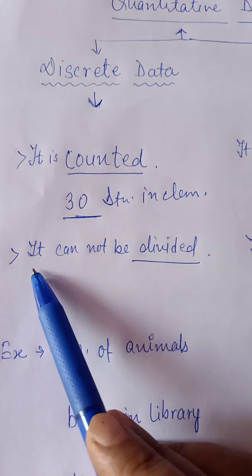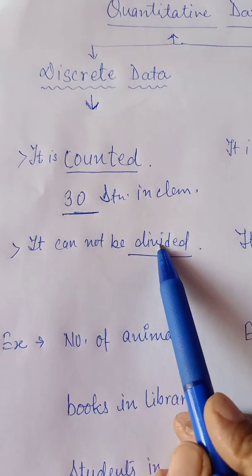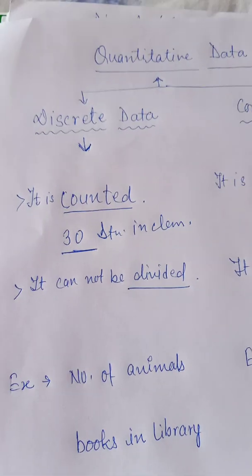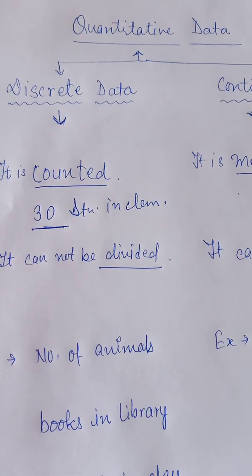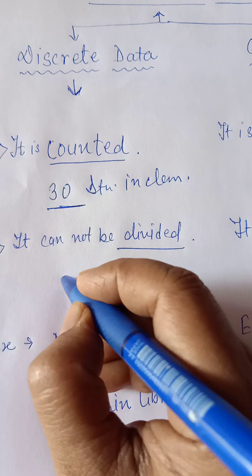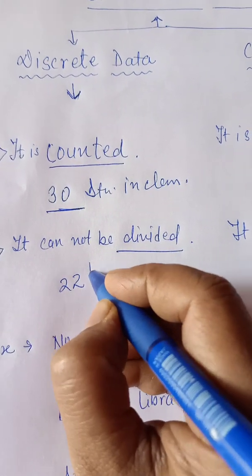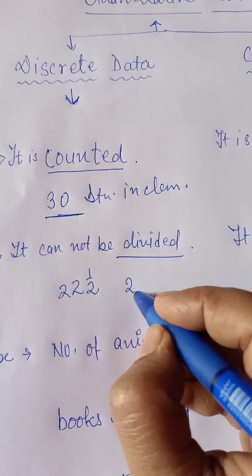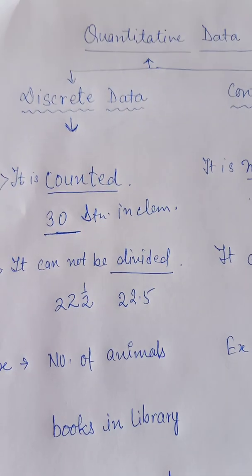Secondly, we can say that it cannot be divided. See, discrete data cannot be broken down into fractions or into some decimal.